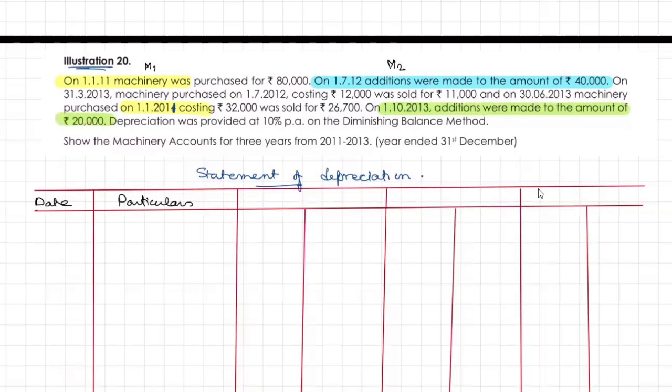So these are the additions. That means these are AIM1, AIM2, AIM3. So I'm writing here: it is for AIM1, it is for AIM2, and it is for AIM3.